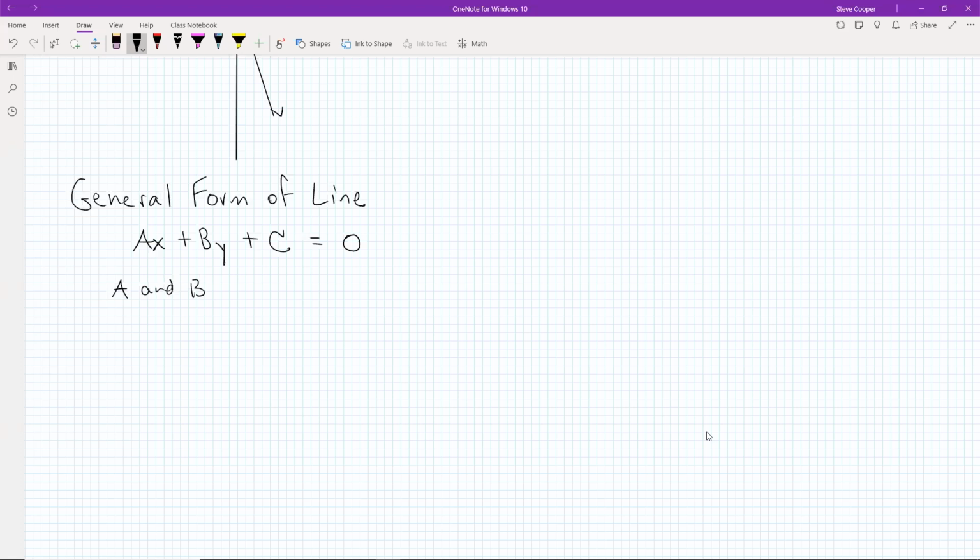A and b can't both be 0. A, b, and c are real numbers. So let's say that we want to graph a line by intercepts.